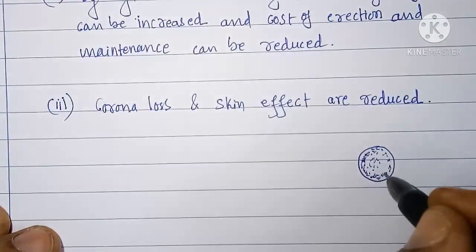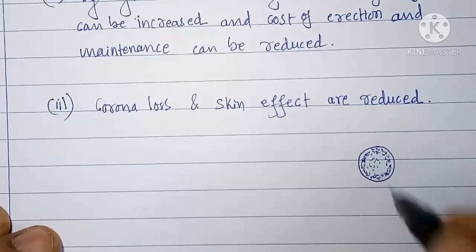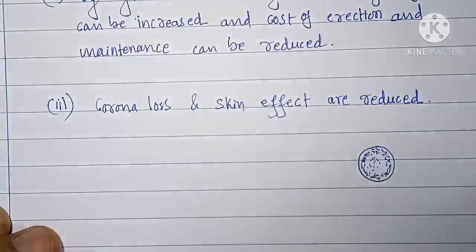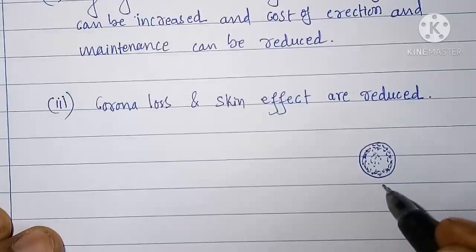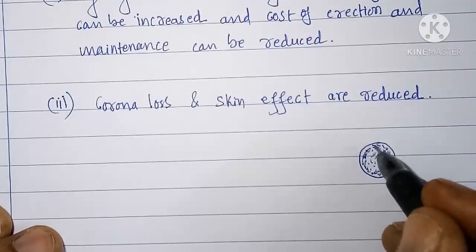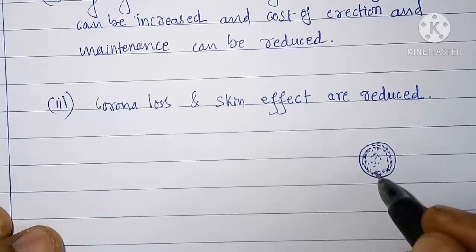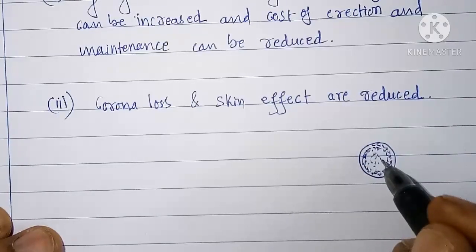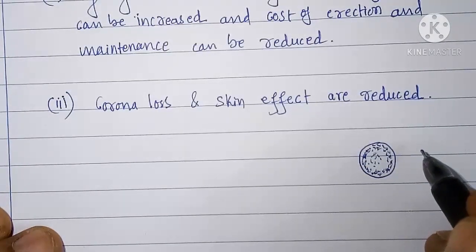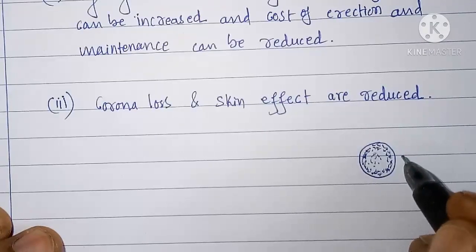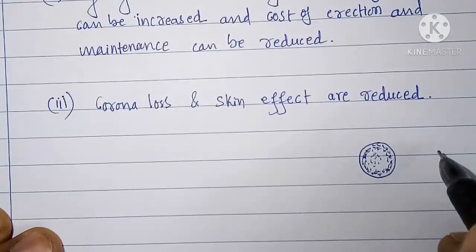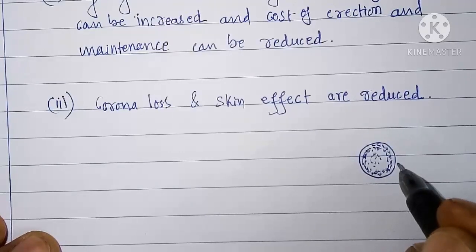Here we will find more density of current like this. But near the center it is very less. And if the frequency of the current increases, then the current density near the surface will further increase, and at the center the current density will further decrease. This effect is called as skin effect.